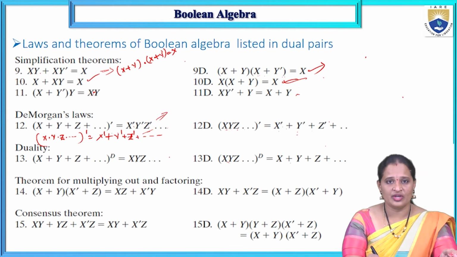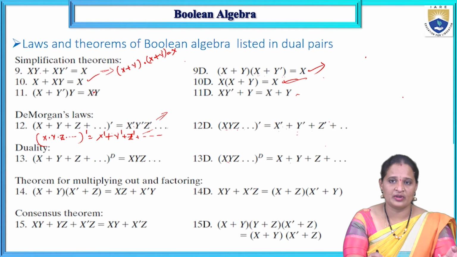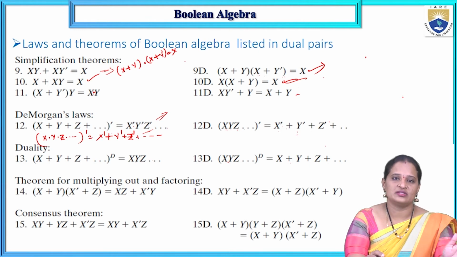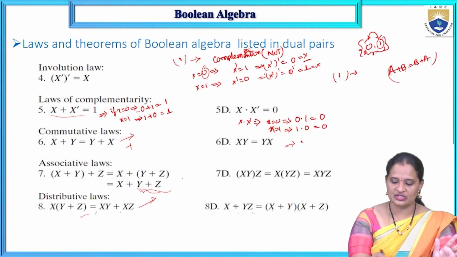That thing you have to remember. Whereas in complement, plus is changed to dot, dot is changed to plus, and even the variables are complemented, and ones are changed to zeros and zeros are changed to ones. So the only difference is variable will not get complemented in duality. The remaining things are all the same here. So this is a dual of this one.